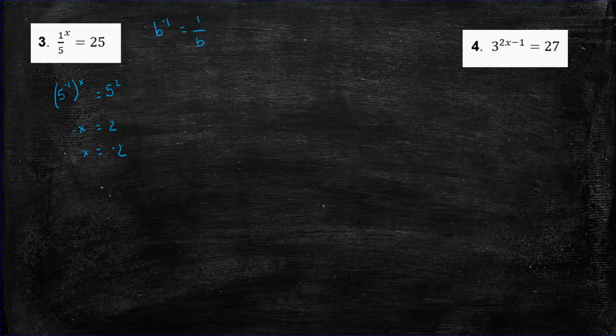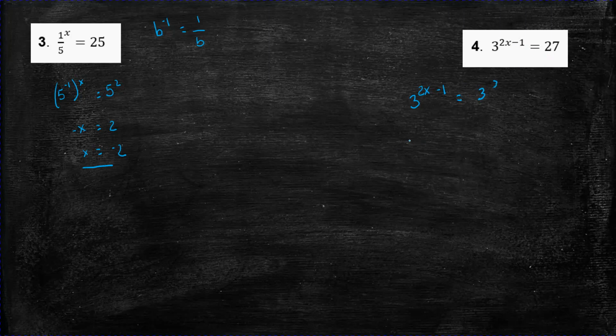Okay, I guess I could write this just a little bit bigger. Sorry about that if you can't read that well. Okay, so on this side I've got 3 to the 2x minus 1. That looks okay. On this side I have 27, which is just 3 cubed. So I have 3 to the 2x minus 1 equals 3 to the third.